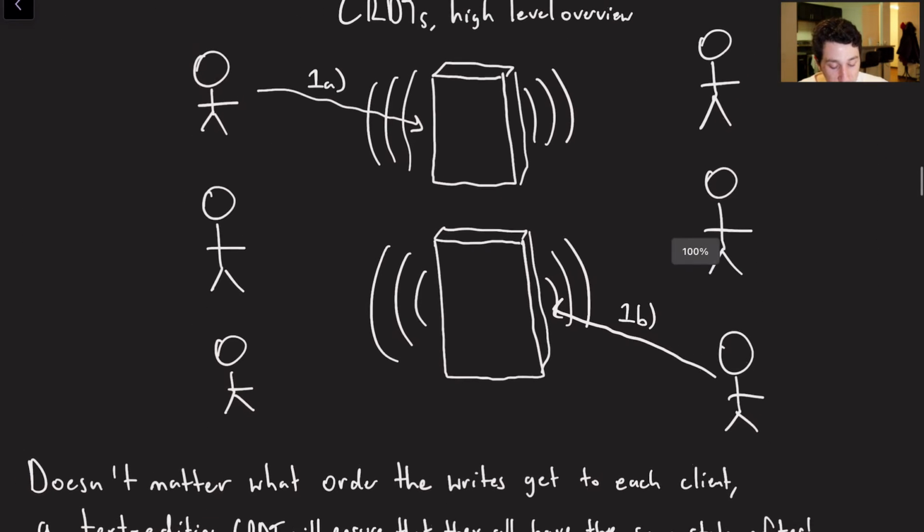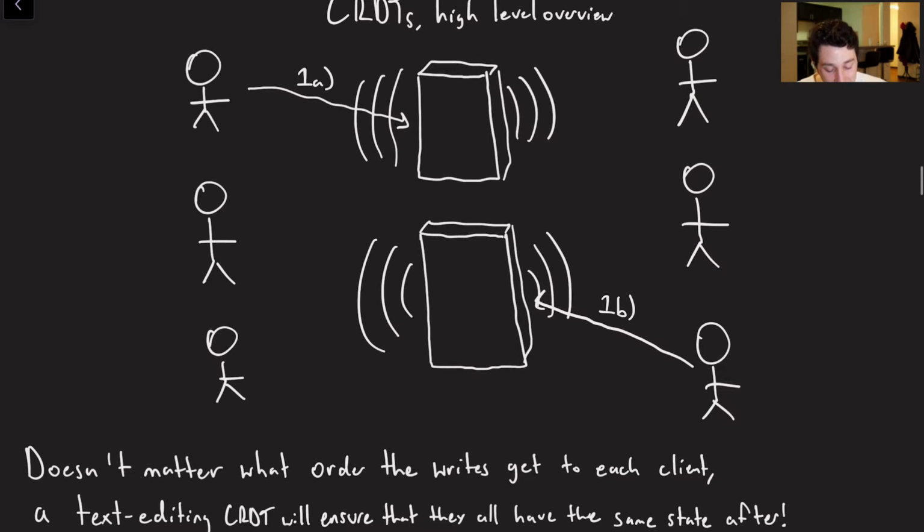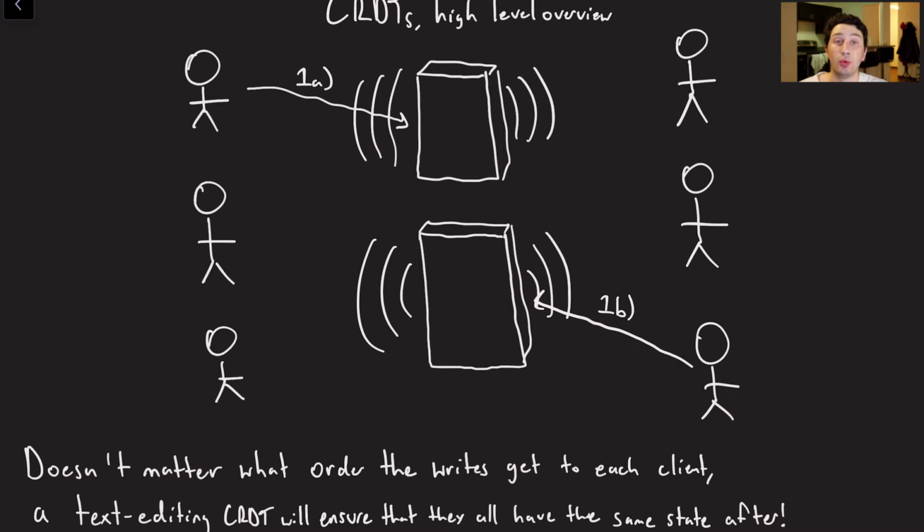Cool. So a high-level overview of what we want to be doing with CRDTs is, like I mentioned, it is going to allow us to have more write servers. So, imagine we've got these 2 guys writing at the same time. They don't actually both have to go to this server A over here. In fact, one of them can go to server B, one of them can go to server A. We can then basically just multicast or use WebSockets or anything like that.